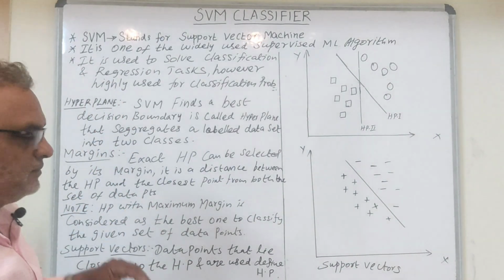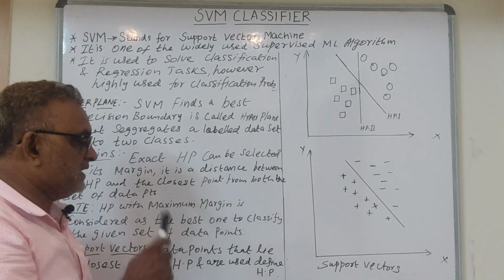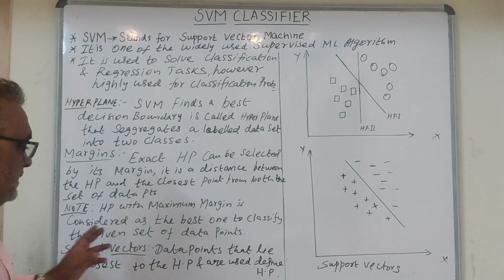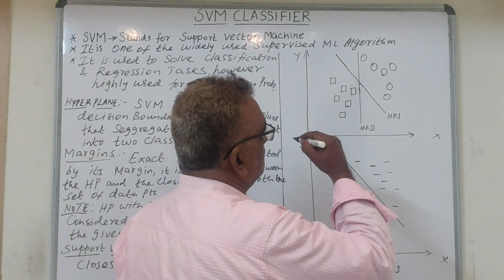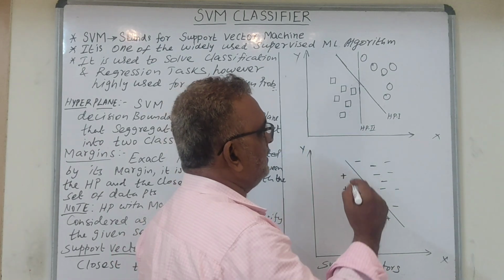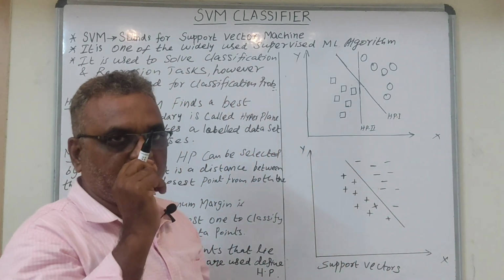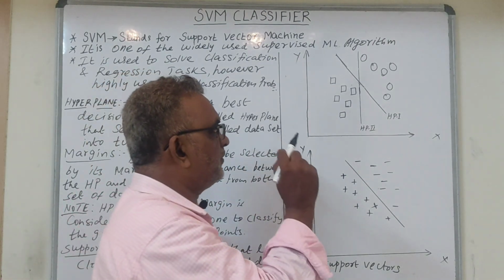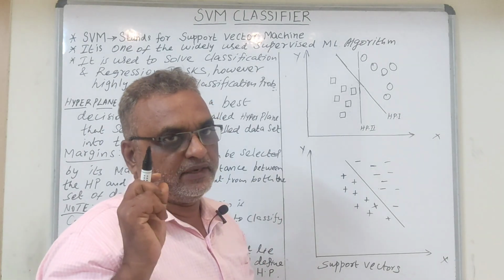An important note is that the hyperplane with the maximum margin is considered the best one to classify the given set of data points. For example, this margin can be generated by drawing perpendicular lines from the closest data points to this hyperplane.